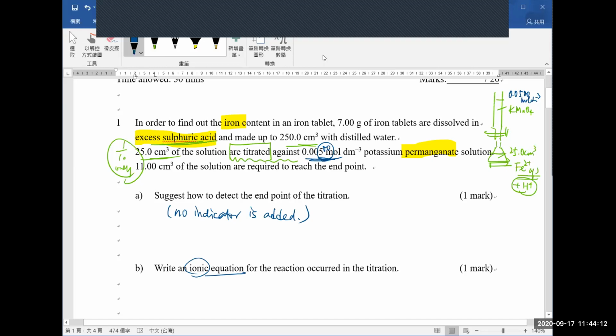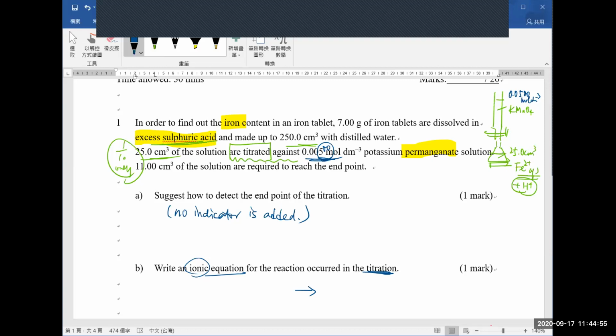Can you write down the ionic equation for the titration reaction? You may direct it to the label setup.